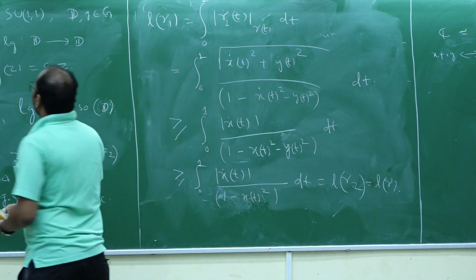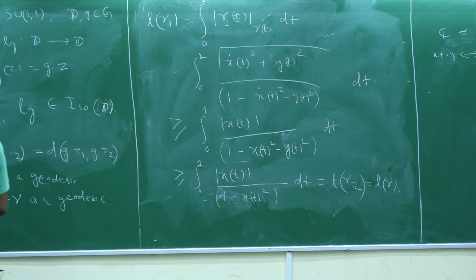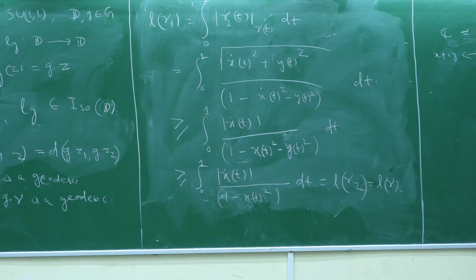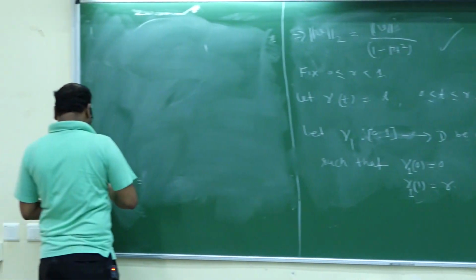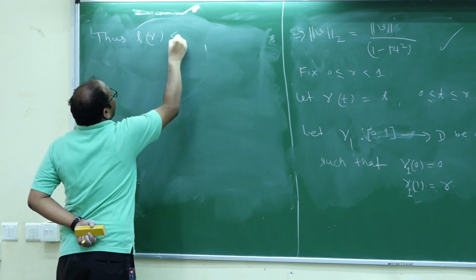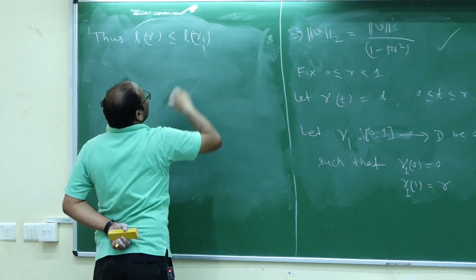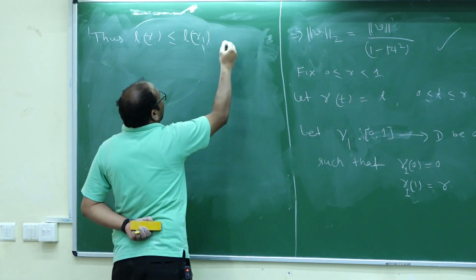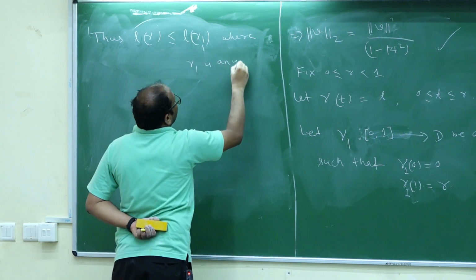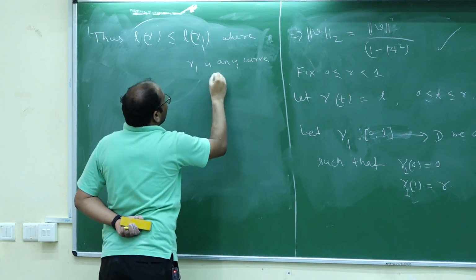So thus we are getting that the length of gamma is at most the length of gamma 1, where gamma 1 is any path joining 0 and 1.